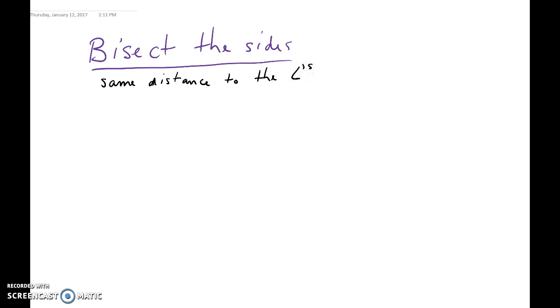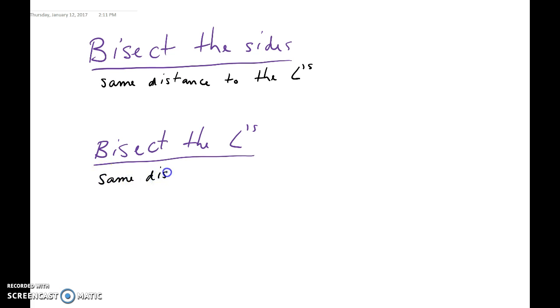And if you bisect the angles, you are the same distance to the sides. So just remember, whatever you bisect, you're the same distance to the other thing. When you bisect the sides, you're the same distance to the angles. When you bisect the angles, you're the same distance to the sides. That was one of the ways I tried to help them remember. Whatever you bisect, it's always the same distance to the other thing.